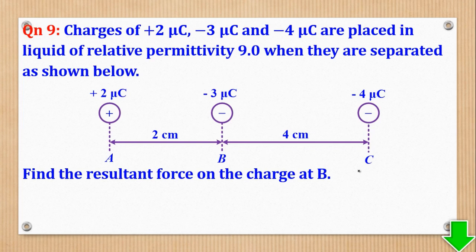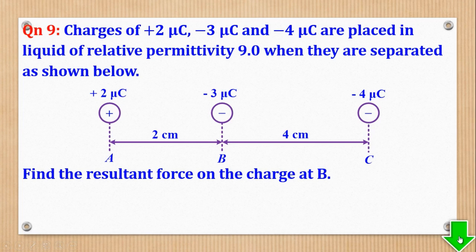So the first thing to do is, if I use these two charges, the separation is 2 centimeters and the charges are these ones, then you should realize that they are opposite charges, meaning they attract. Because we're interested in the force at this charge, this one will attract and it will go in this direction, which is to the left.